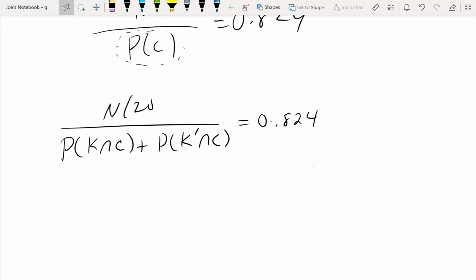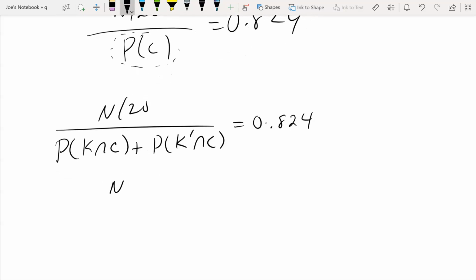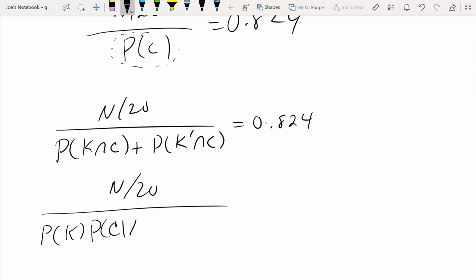So then from this part, I can write it out as conditionals. Probability that you knew it, probability that you answered it correctly given that you know it, probability you didn't know it, probability that you answered it correctly given that you didn't know it.